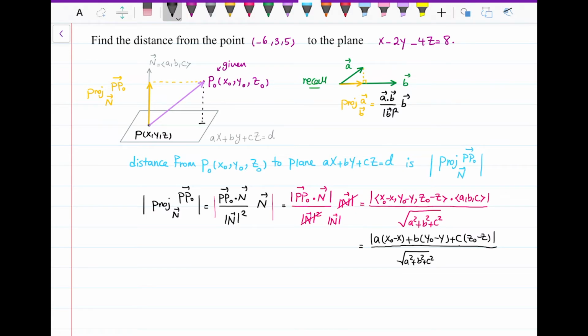And the absolute value of that, it's important. So I get the same denominator. How about in here? Let me distribute a, b, and c into the parentheses. I get ax0 minus ax plus by0 minus by plus cz0 minus cz.